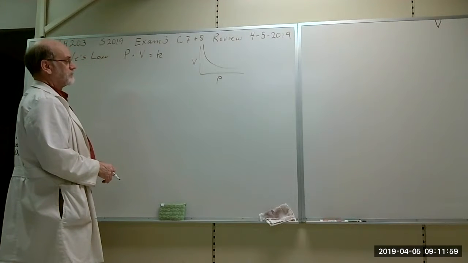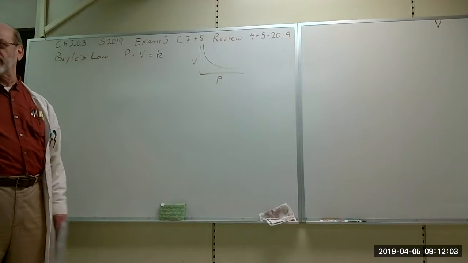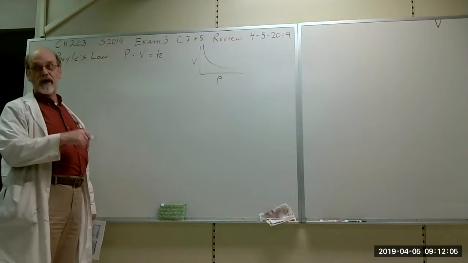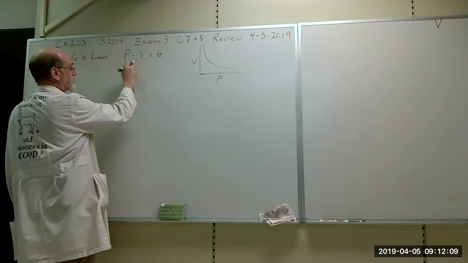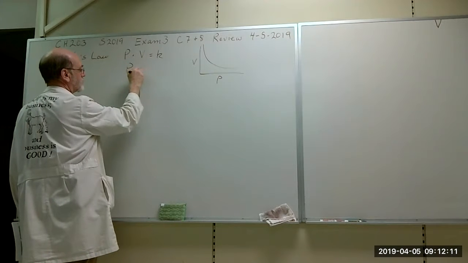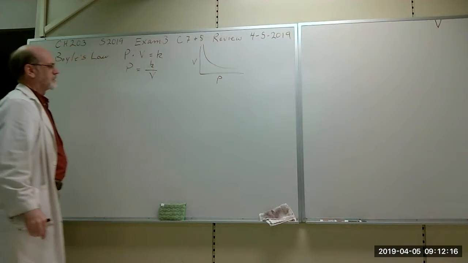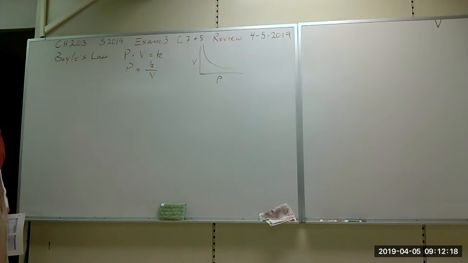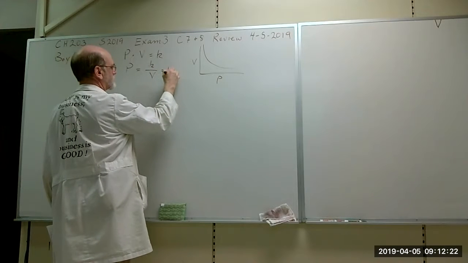Scientists hate curves. But when we can get a straight line, it's a lot better. So what we do is we take this and solve it for P. And then we separate out the V like this.